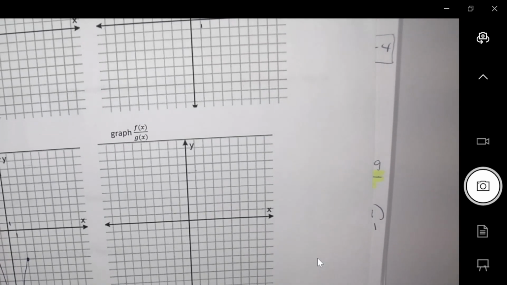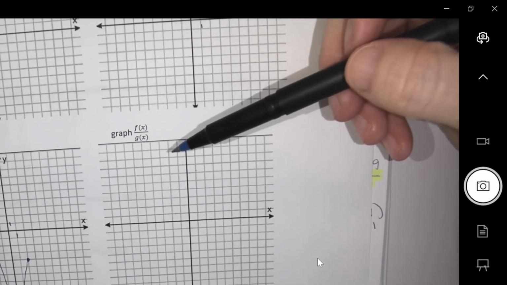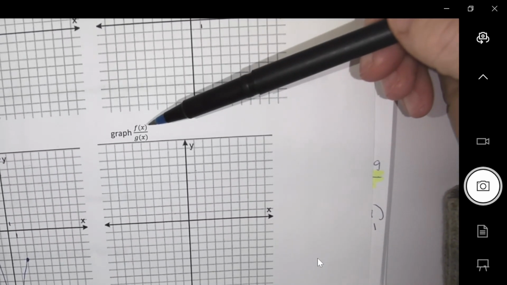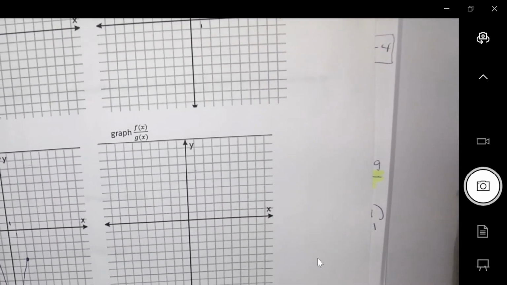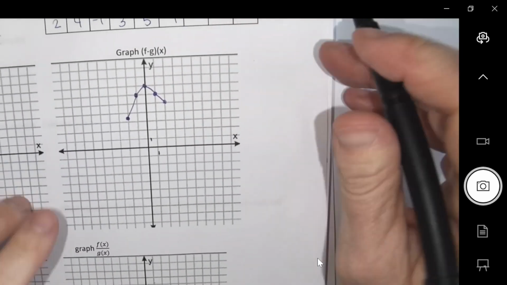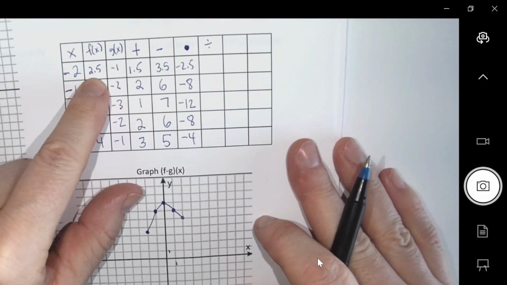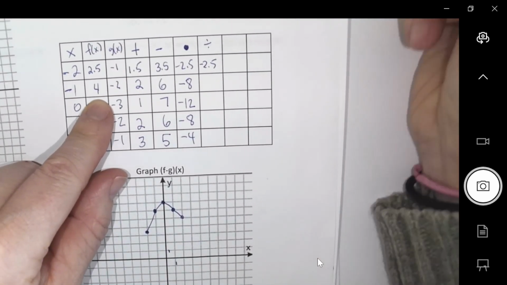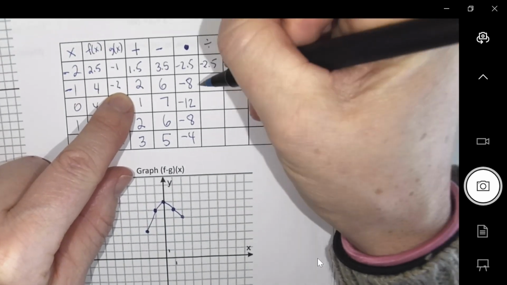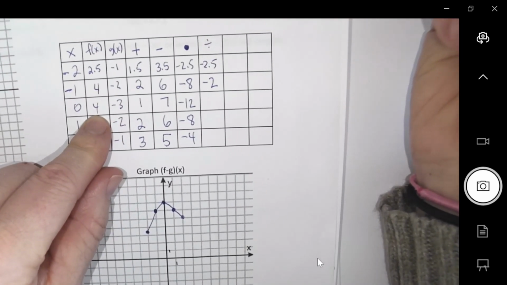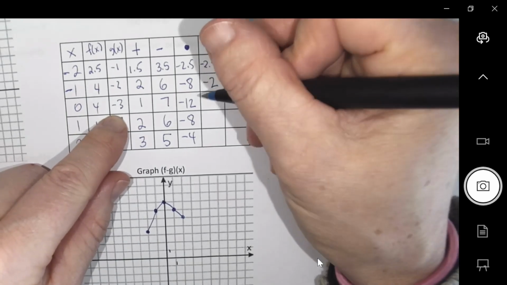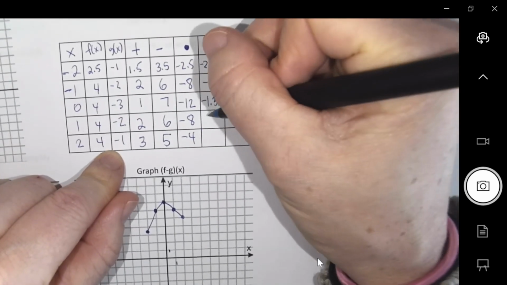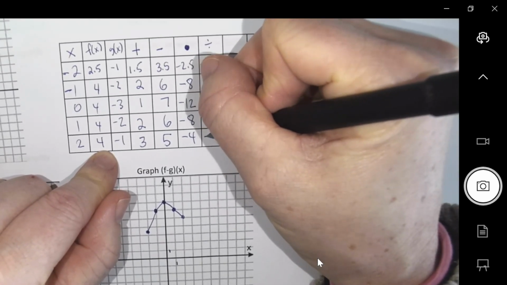Okay, and the last one is dividing, so that order matters, right? If we divide numbers, we have to do it in the order the F number divided by the G number. So 2.5 divided by -1 is -2.5. 4 divided by -2 is -2. 4 divided by -3 is -1.33. -2, -4.